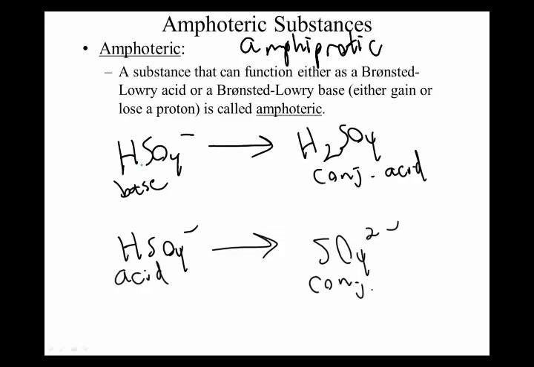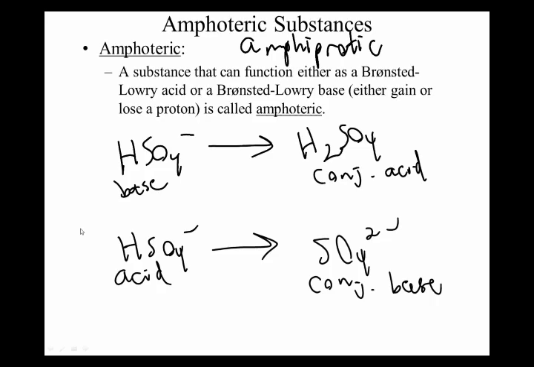Okay, so here's the deal. This thing, HSO4 minus, hydrogen sulfate, is amphoteric or amphiprotic. It can act as an acid or a base. So, which does it do? It totally depends on what it's paired up with.